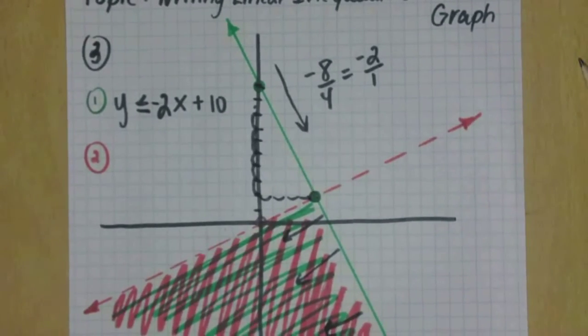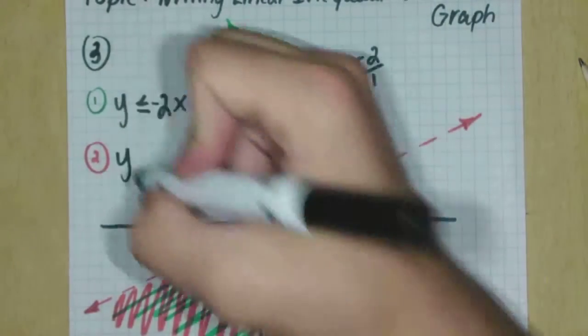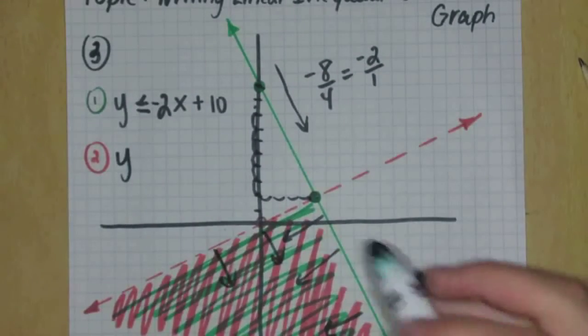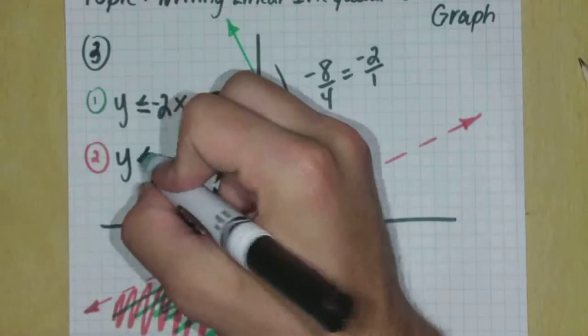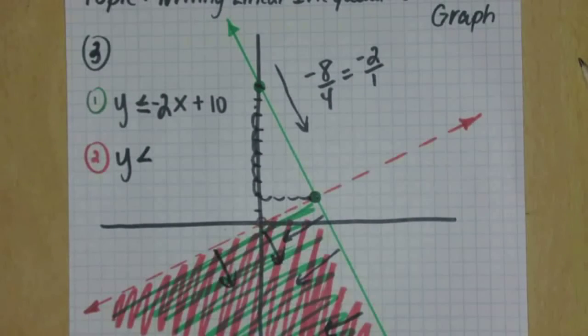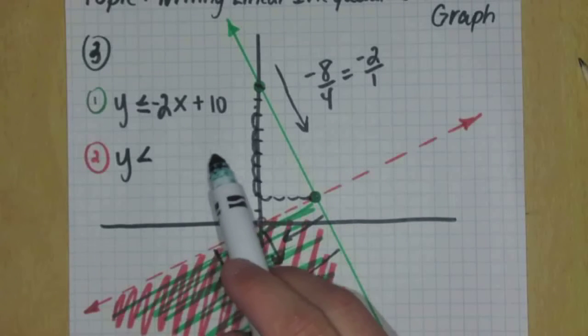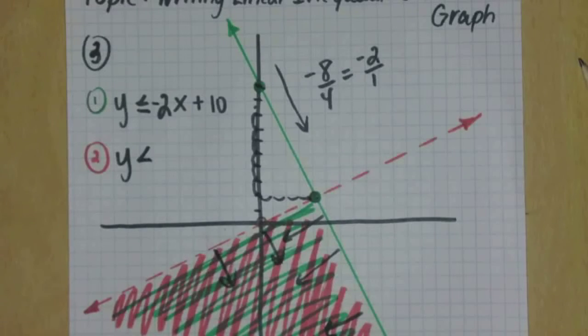Moving to the red line, again, I know I need to start with a y. I'm also below that line, so less than, and because it's dotted, we're going to stay strictly less than. It goes through the origin, which means you could put a plus 0 here, but my y-intercept's non-existent, so I'm actually not going to write anything.